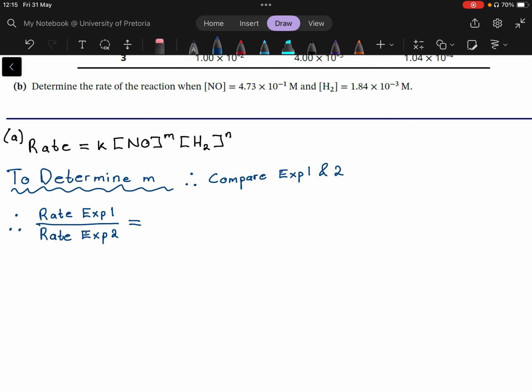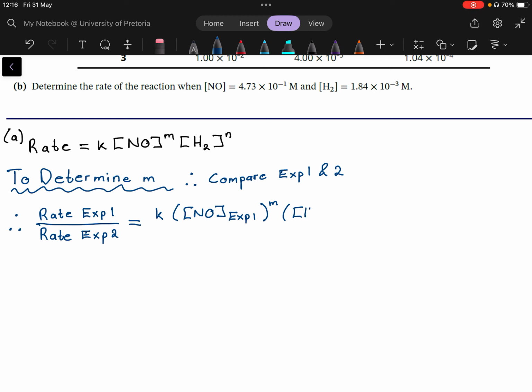So the rate is this K, and it's the concentration of NO. But what concentration of NO? It's the concentration of NO in experiment 1 for the rate in experiment 1 raised to the power m.